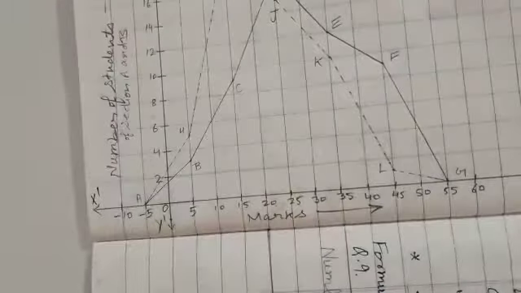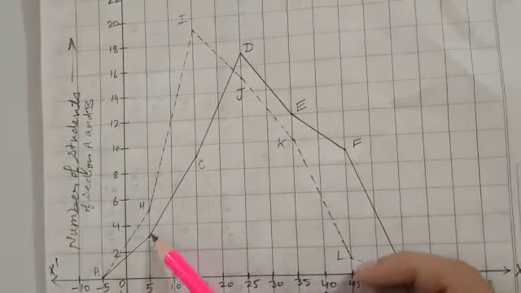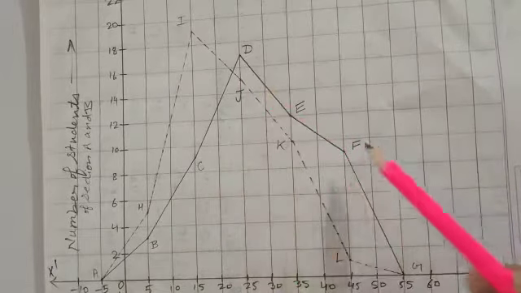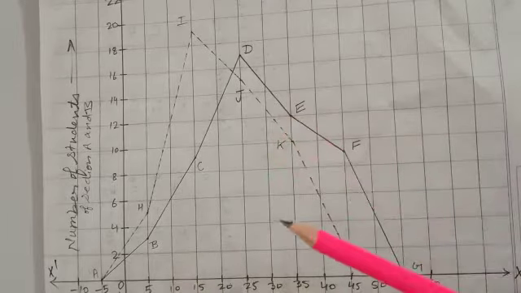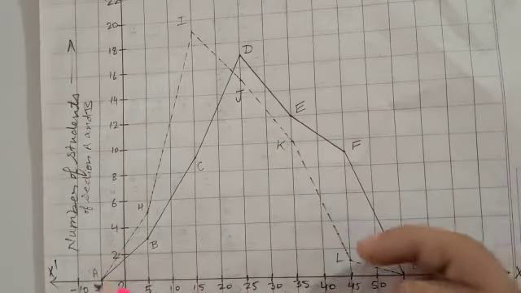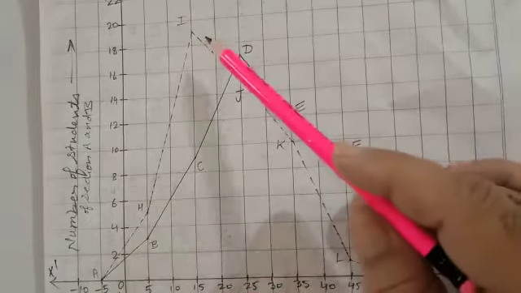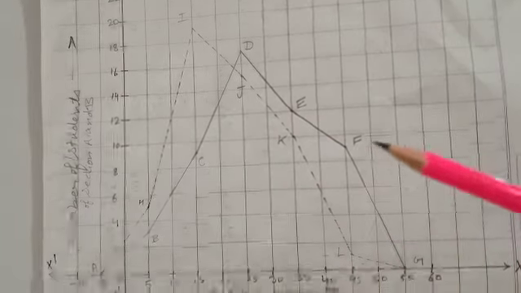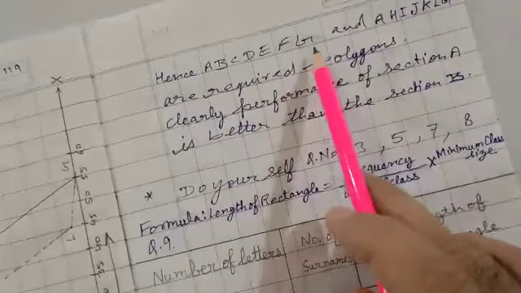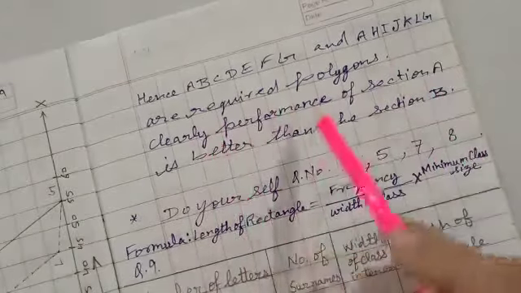Clearly, A, B, C, D, E, F, G represents first frequency polygon of section A, and for section B, A, H, I, J, K, L, G. Hence, A, B, C, D, E, F, G and A, H, I, J, K, L, G are required polygons.